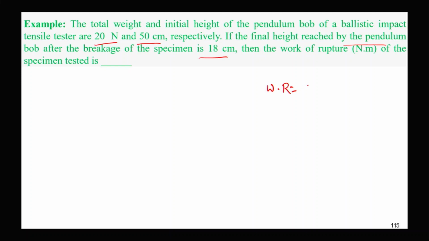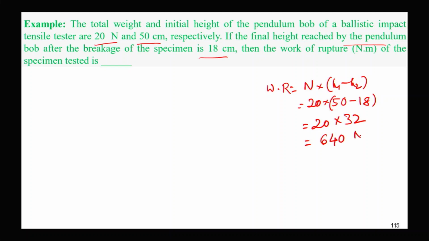Work of rupture will be N multiplied by H1 minus H2. So 20 multiplied by 50 minus 18, 20 multiplied by 32, 640. This is Newton centimeter. And if we want Newton meter, it will be 6.4 Newton meter. So you must be careful of unit conversion.